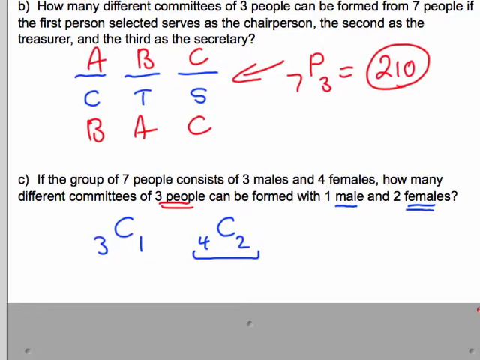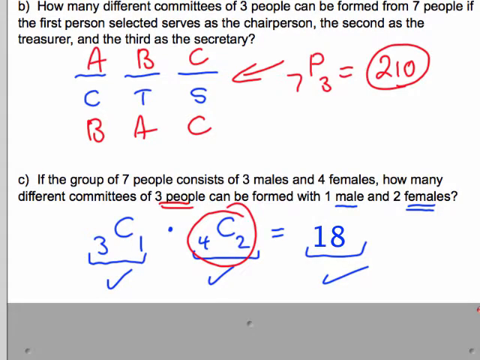And then I combine these 2 separate categories with the fundamental counting principle. The number of ways to pick the males, for each of those ways, there's this many ways to pick the females. And you can then work that out with your calculator. Remember, to access this feature on the calculator, you need to go to the Math button, over to Probability, and then number 3.